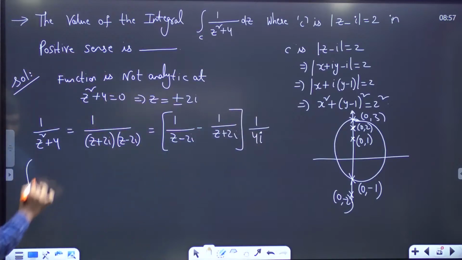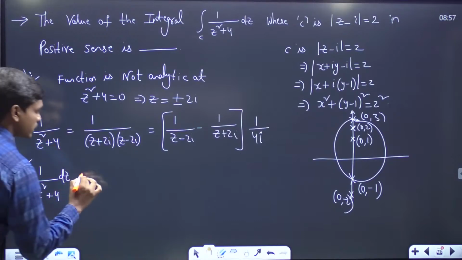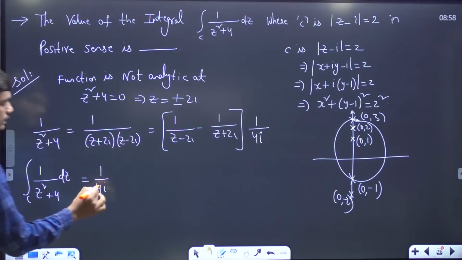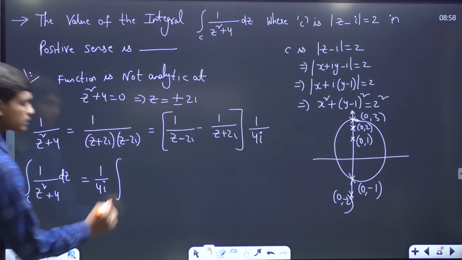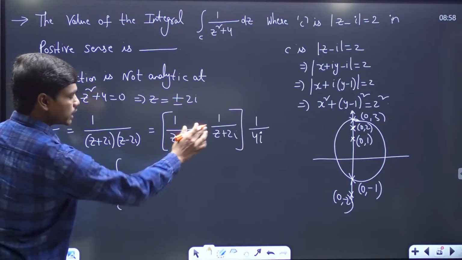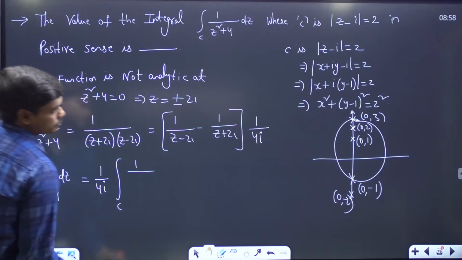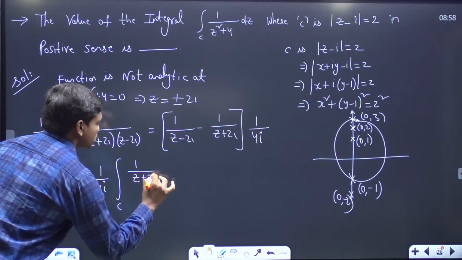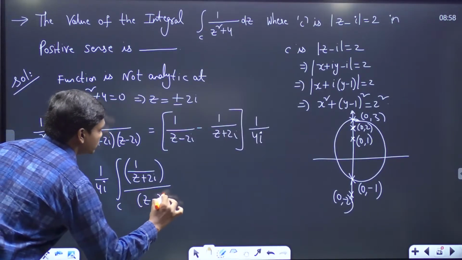So integral over C 1 by z square plus 4 dz is equal to 1 by 4i, because this 1 by 4i is a constant, into integral over the path C 1 by z minus 2i minus 1 by z plus 2i. And if you see here, this 1 by z plus 2i divided by z minus 2i dz.